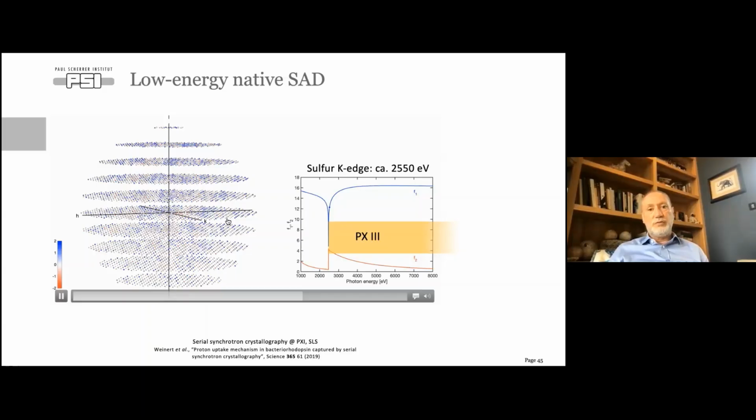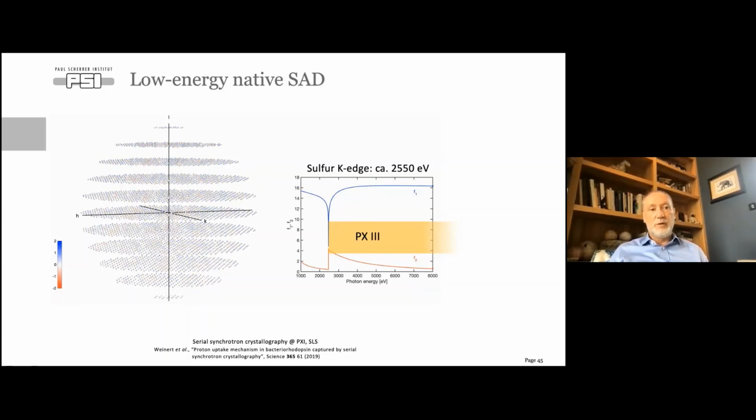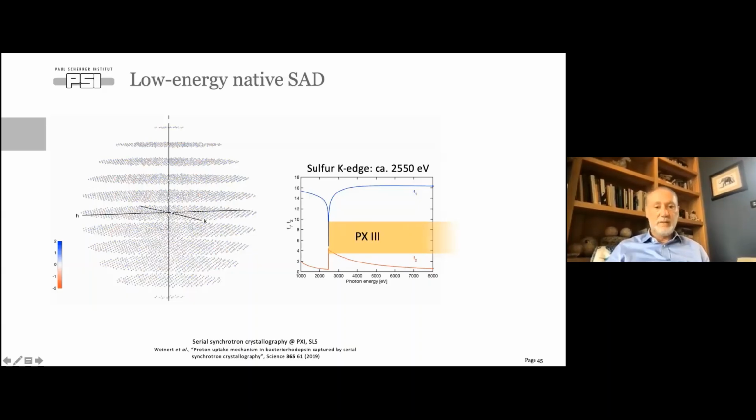But as soon as one starts to move away from that, this goes down to very small amounts. But at the PX3 beamline, we will be running in this sort of regime where the breaking of Friedel's law is only in a few percent range, but we do hope to be able to get direct structural information through this SAD technique, native SAD technique.